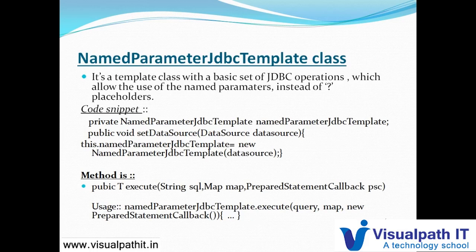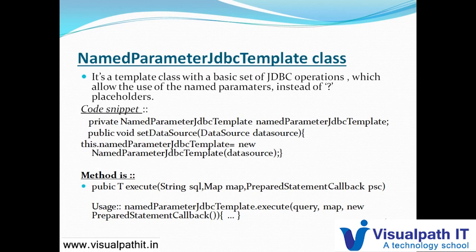Now let's understand the NamedParameterJdbcTemplate class. What is this? It's a template class with a set of JDBC operations which allow the use of named parameters instead of the question mark placeholder. As we all know, question mark and asterisk are wildcard characters which match a particular value.